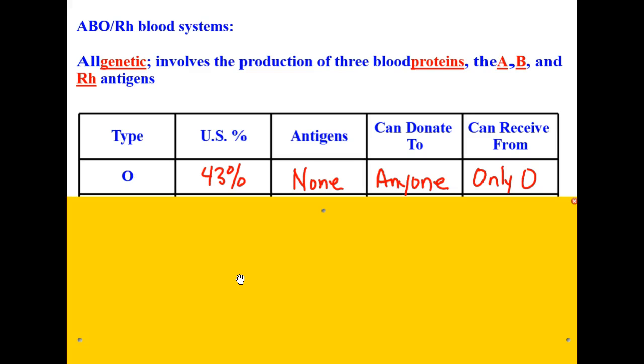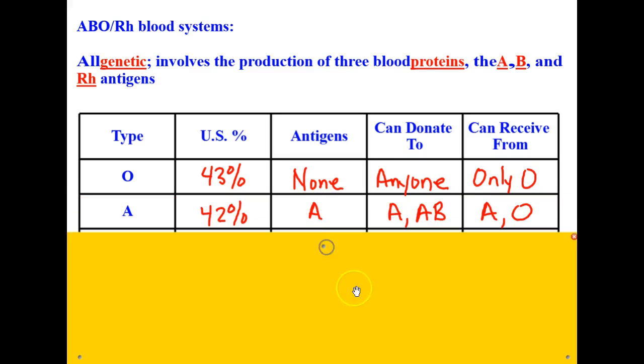So who can donate to it? Type O can donate to anyone, but only type O can donate to type O. So just to clarify here, anyone can receive type O blood, but only O can receive from type O.